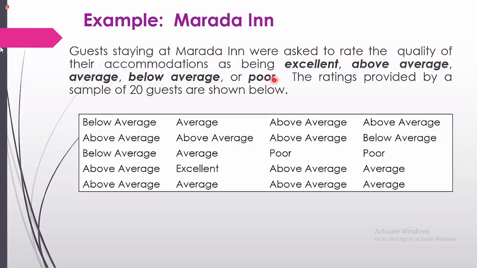These 5 measurements are used to measure the rating of the quality. The ratings are provided by a sample of 20 guests. 20 guests were selected, and they were asked to rate the quality of their accommodation.